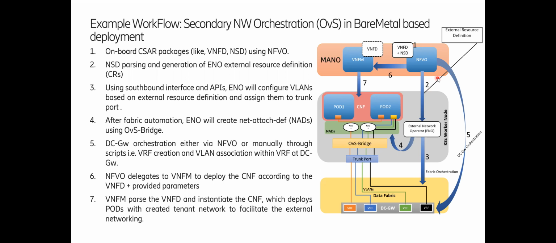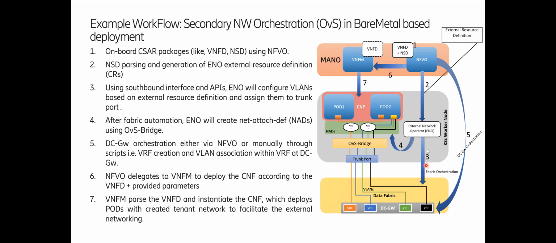But then in step 2, those can feed into the northbound API. And then based on those objects, it will trigger the fabric orchestration, which is configuring the VLANs in the data fabric using the corresponding fabric plugin through the southbound API.